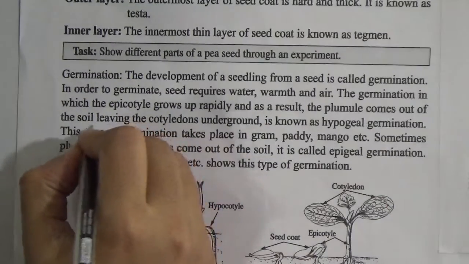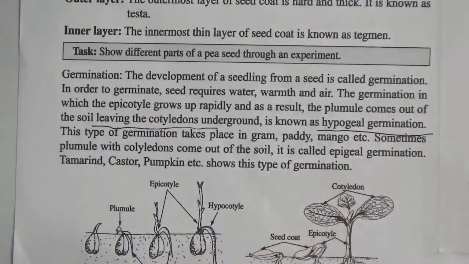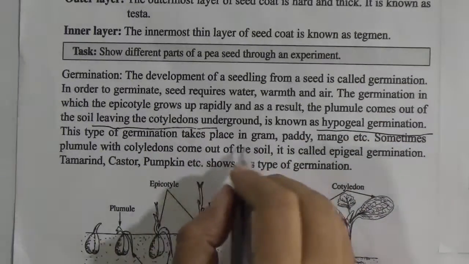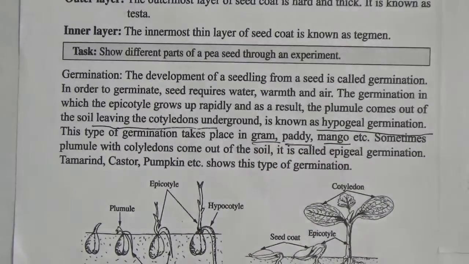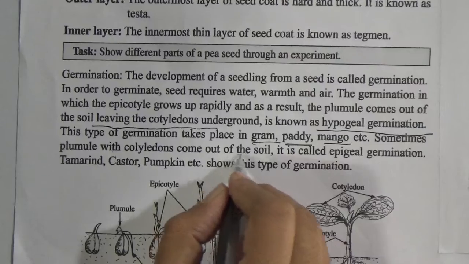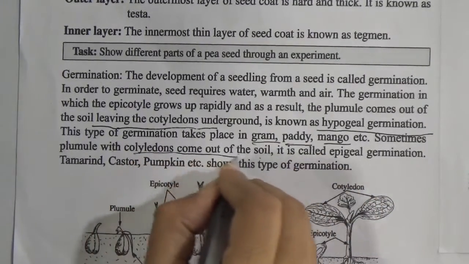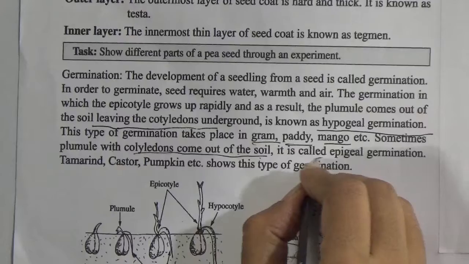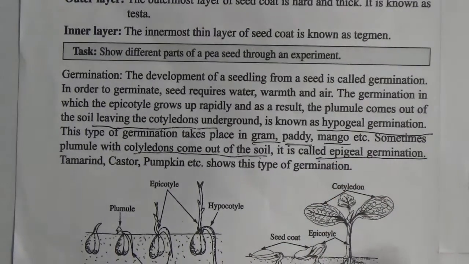Leaving the cotyledons underground is known as hypogeal germination, and this type of germination takes place in gram, paddy, mango, etc. Sometimes the plumule with cotyledons comes out of the soil. That means when the cotyledons come out of the soil, it is known as epigeal.